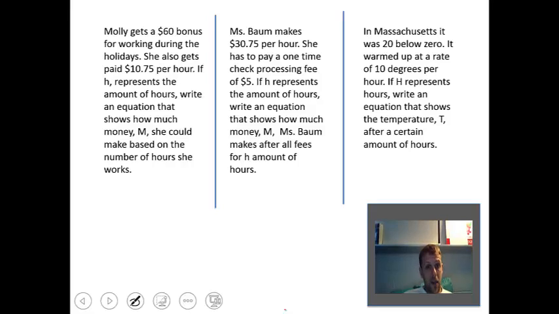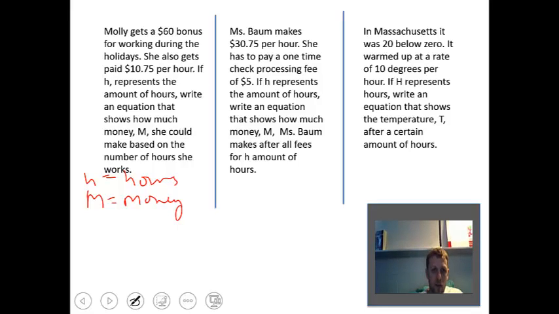Molly gets a $60 bonus for working during the holidays. She also gets paid $10.75 per hour. If H represents the amount of hours, write an equation that shows how much money, so M represents money, she could make based on the number of hours she works.